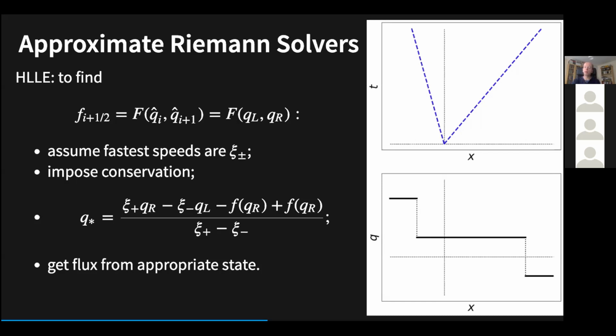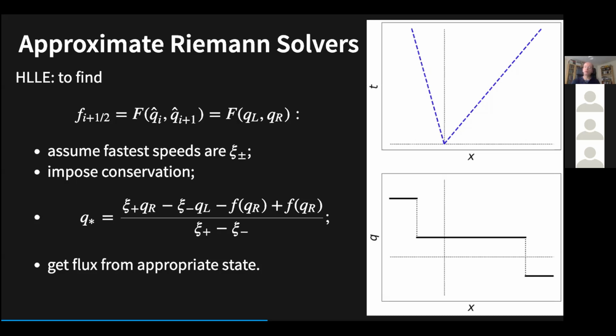We then impose that the solution jumps discontinuously across these waves and impose the conservation law. That is, we integrate over a small volume in space and time. Once we've imposed conservation, then we can compute in closed form the appropriate state solution in between these waves. We call that Q star, the intermediate state. Then we can get the flux as appropriate.